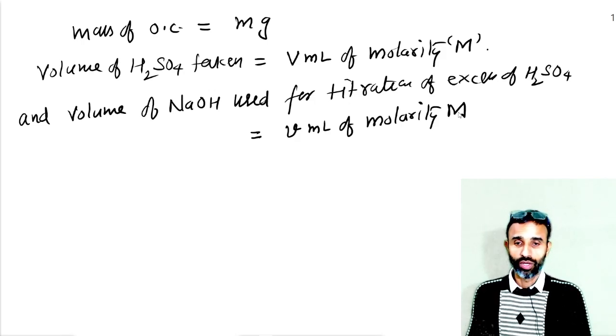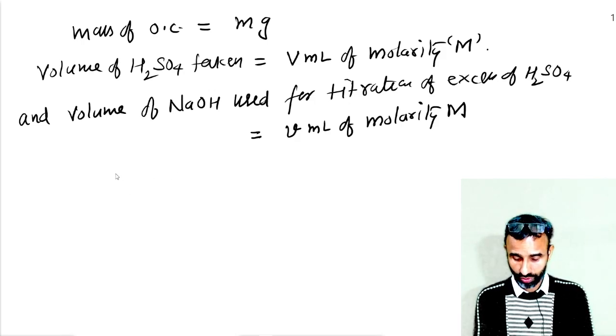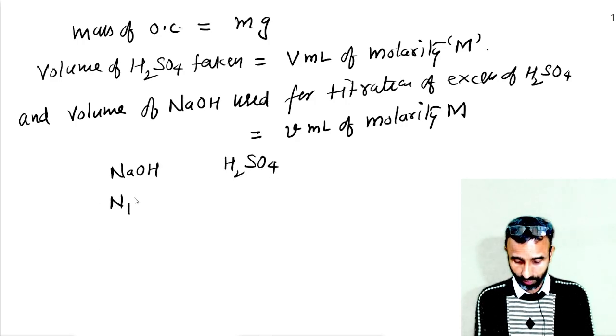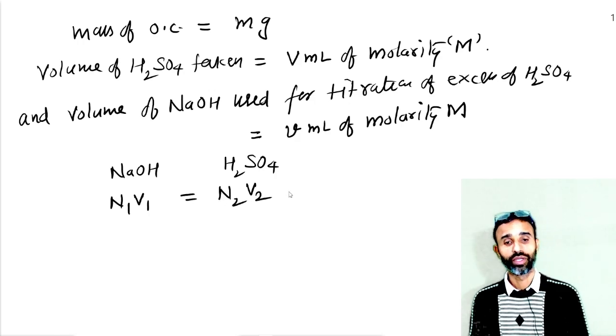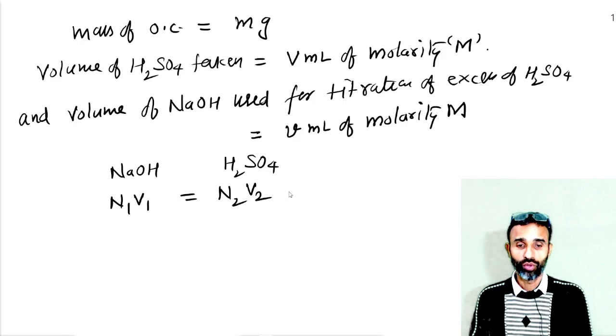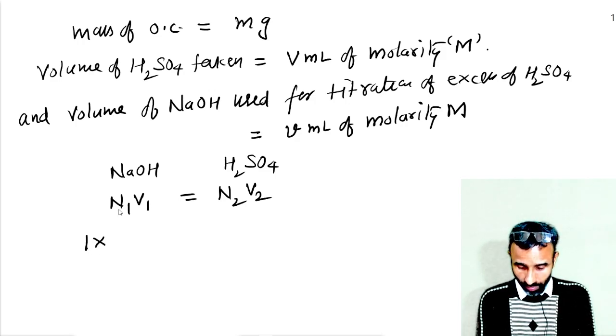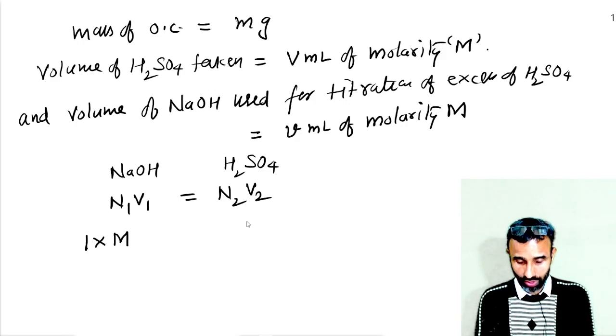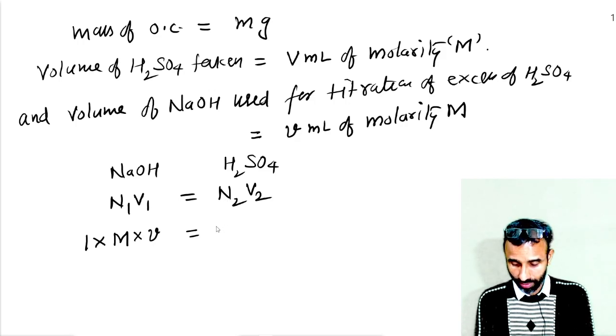Now, if NaOH and H2SO4 are used, we use the normality equation, N1V1 equal to N2V2. The molarity of NaOH is M, the volume of NaOH used is V, and its N factor is 2.